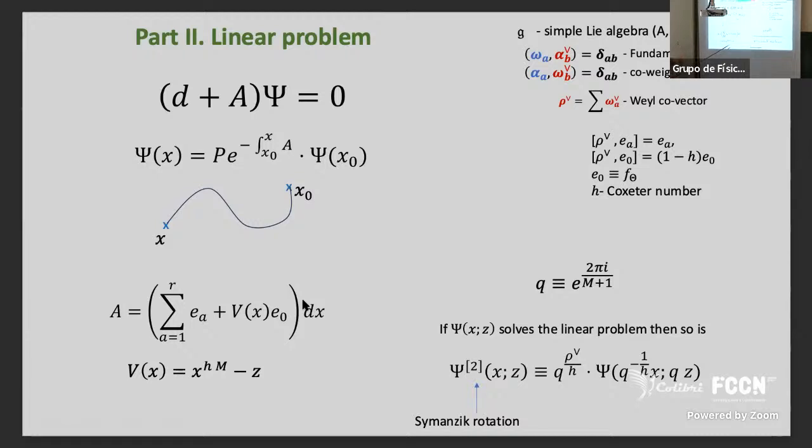So the simplest example is the sum of all raising operators associated to simple roots, and also we add here an affine root. What is the affine root? It's actually the lowering operator corresponding to the highest weight of your adjoint representation.